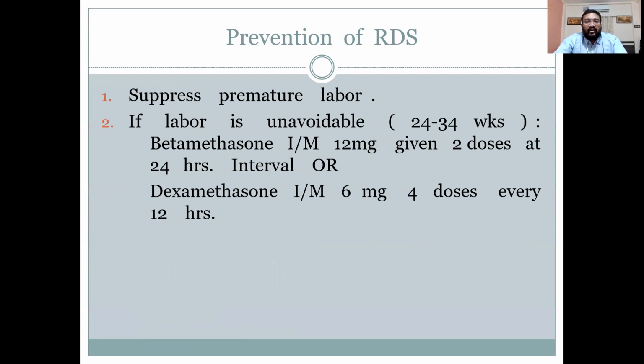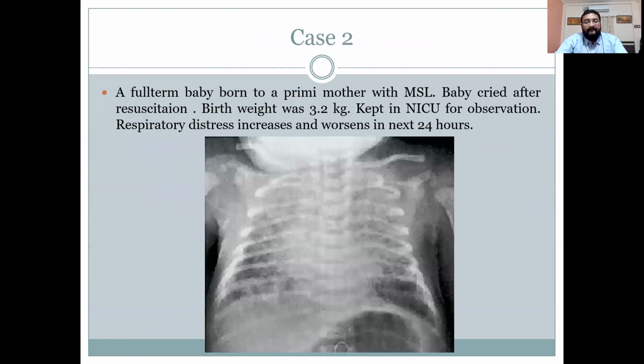If labor is unavoidable, that is, baby is expected to be delivered at 24 to 34 weeks of gestation, intramuscular administration of betamethasone 12 milligram given in 2 doses at 24 hours interval is sufficient, or administration of dexamethasone intramuscularly 6 milligram 4 doses every 12 hours is sufficient to ensure adequate pulmonary maturity in preterm babies. So this was all about respiratory distress syndrome.